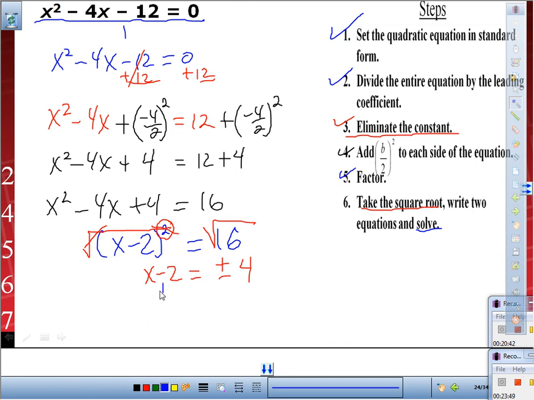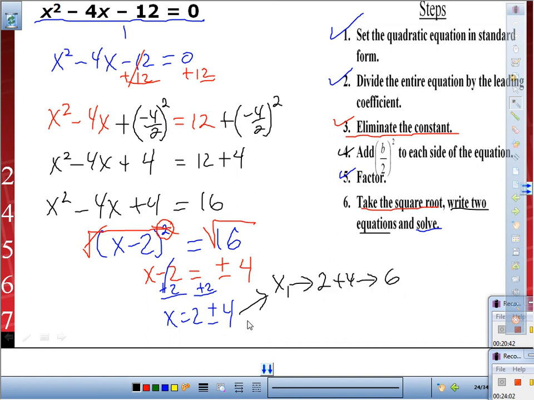I'm going to solve for x. Add 2, x equals 2 plus minus 4. Then we write our 2 equations. X sub 1 is 2 plus 4, which is 6. And x sub 2 is 2 minus 4, which is negative 2. These are my solutions.